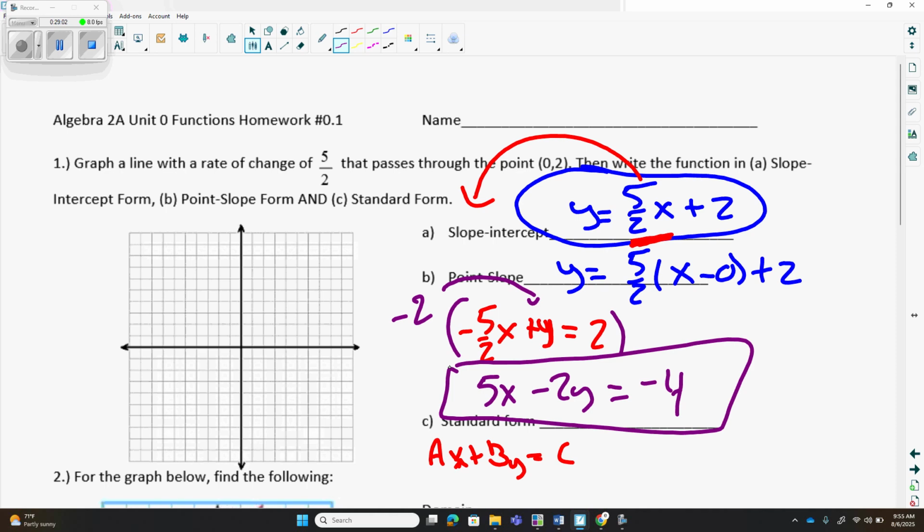Good job. What are you confused on? Yeah, standard form is probably the toughest of them all. I'm going off script, guys, on the camera there, but y equals mx plus b is here, correct? Standard form, again, is written as ax plus by is equal to c. So every single time we have to move this over to that side.